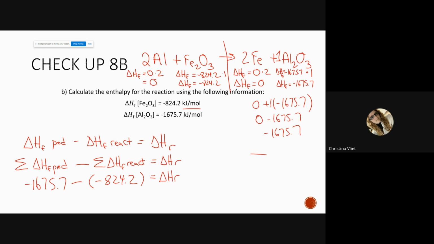I get negative 851.5. Negative 1675.7 plus 824.2 equals negative 851.5. Let's just change this to a plus and then put those two together. And what's the correct unit?